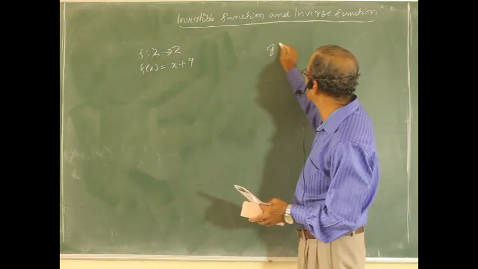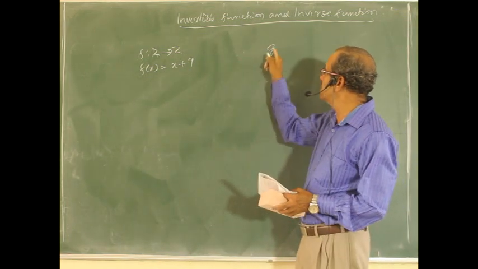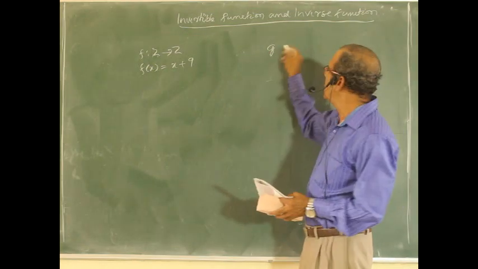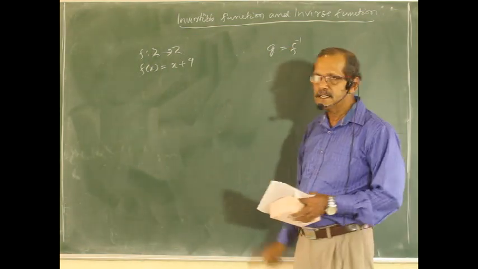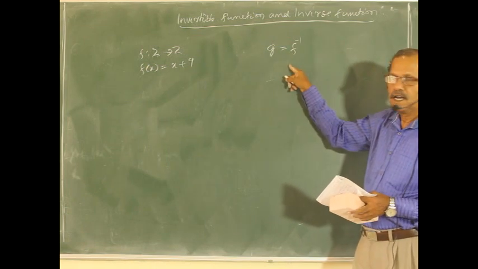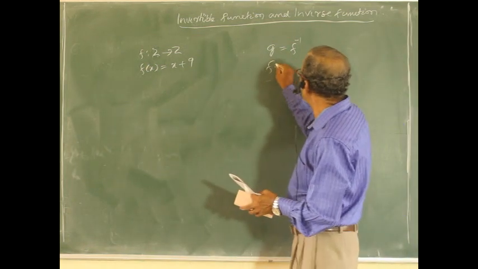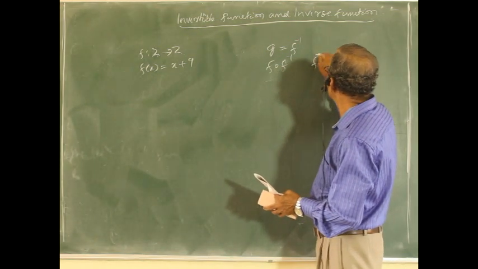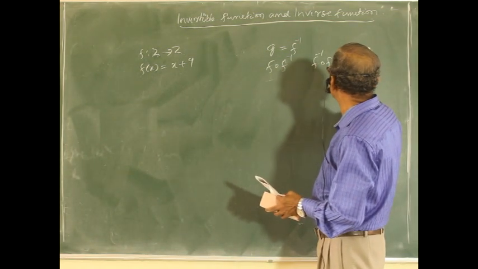Remember, this g, I told in the previous case, is called the inverse. It is denoted by f inverse. That notation: g is f inverse. Therefore, f composite f inverse or f inverse composite f is identity.